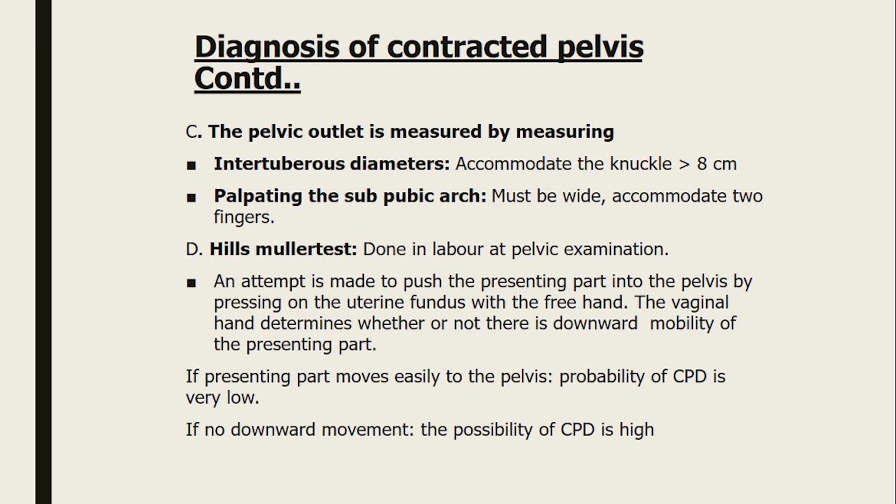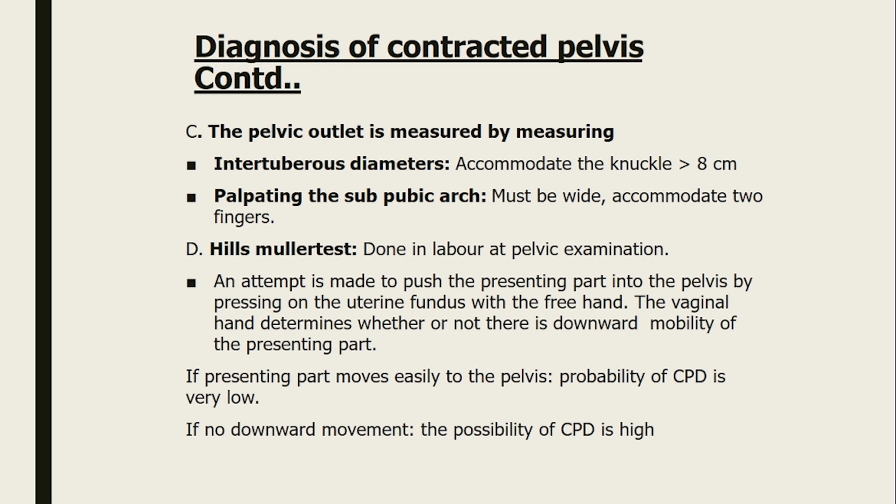For the intertuberous diameter, in a woman that lies dorsal with the legs flexed and abducted, what you need to do is to insert your knuckle between the two ischial tuberosities. If the intertuberous diameter can take at least 4 fingers, you will say that the outlet is normal. That's 8 centimeters, assuming that one finger is about 2 centimeters.